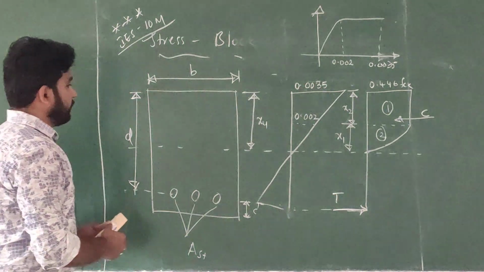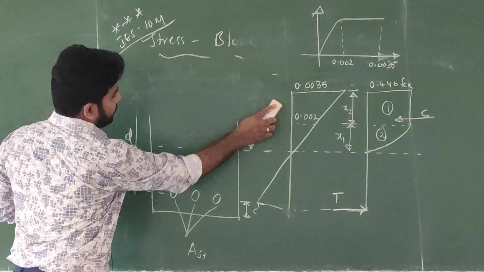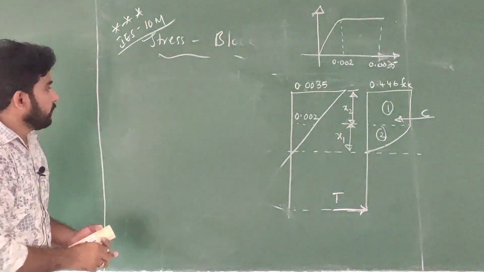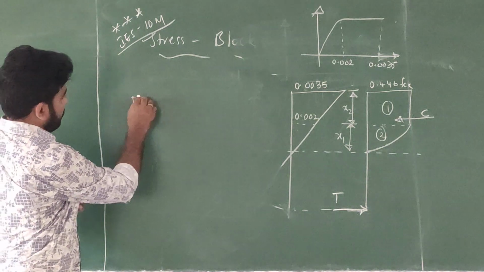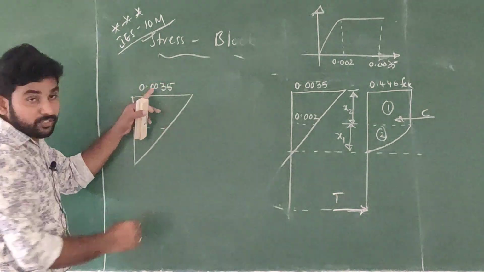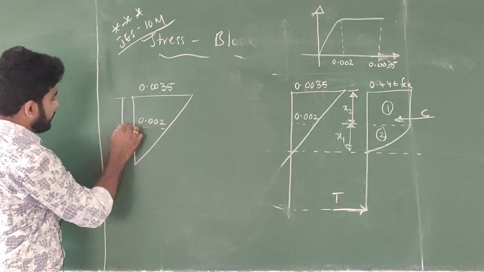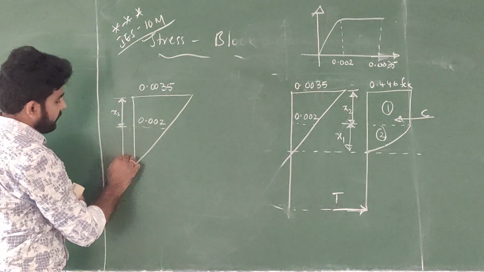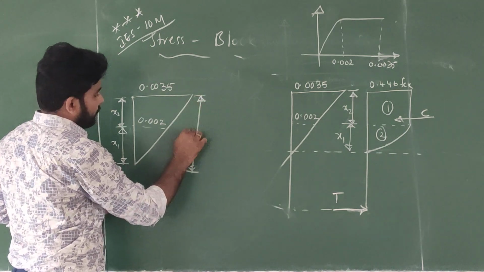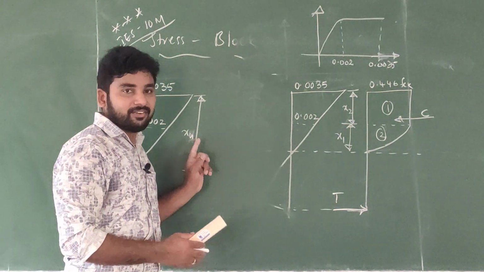So by using similar triangles of strain, this is 0.0035 strain, this is 0.002, this is x2, this is x1, total xu.